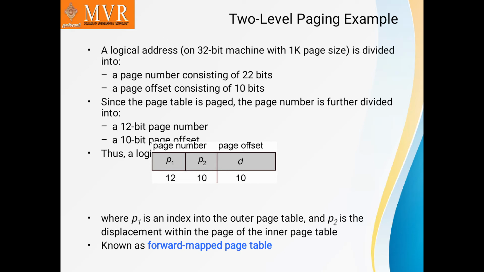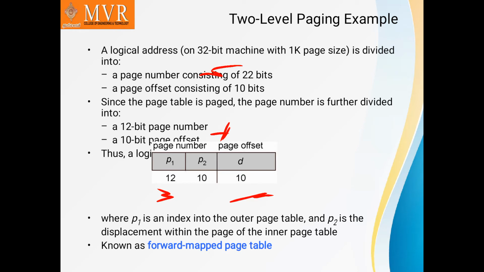Since the page table is paged, the page number is further divided into 12 bits for the page number and 10 bits for the page offset. So this is the logical paging table. See here the 12 bits per page number and 10 bits per offset. If it has another process P2, then it will take the 10, because the machine has 32 bits.